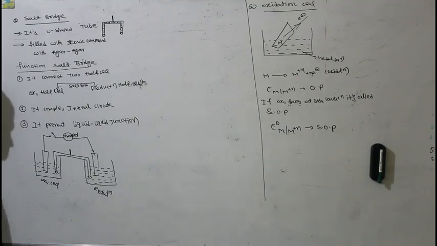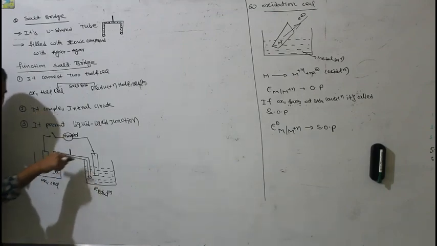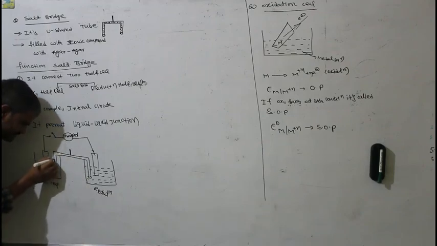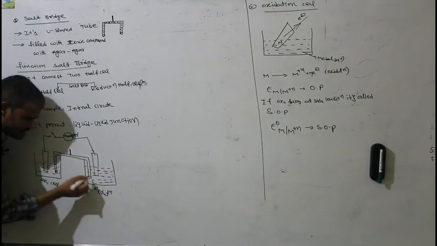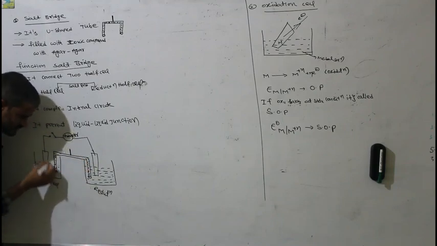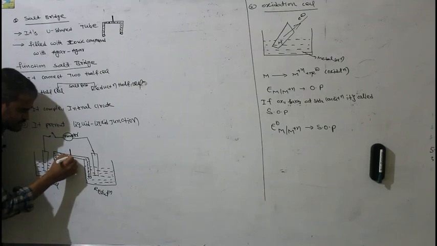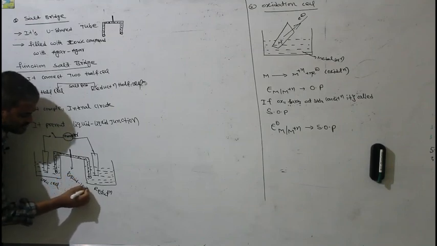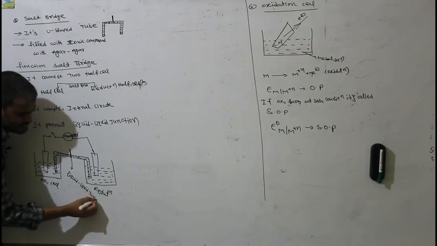Preventing liquid-liquid junction means: if there is no salt solution inside the tube, this liquid will flow upward here, and this liquid also will flow upward. Here aqueous solution, here aqueous solution. They meet at one point. This point is called liquid-liquid junction.